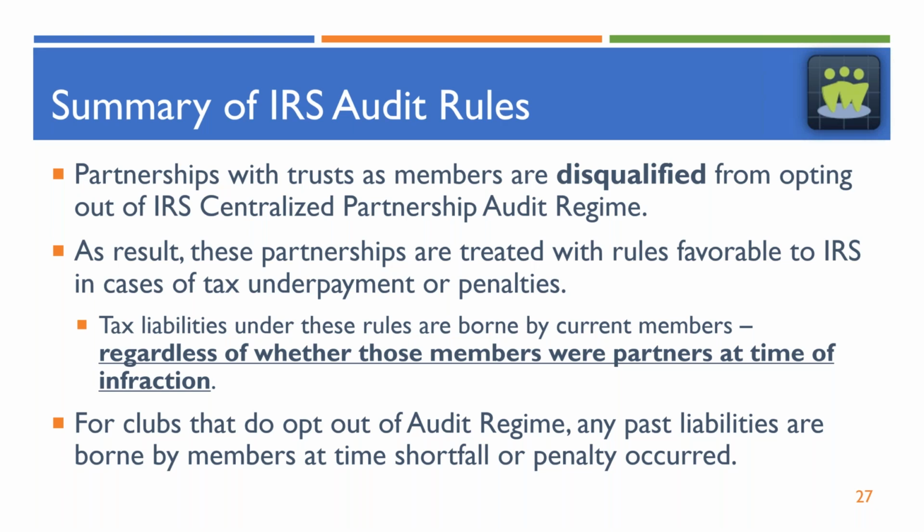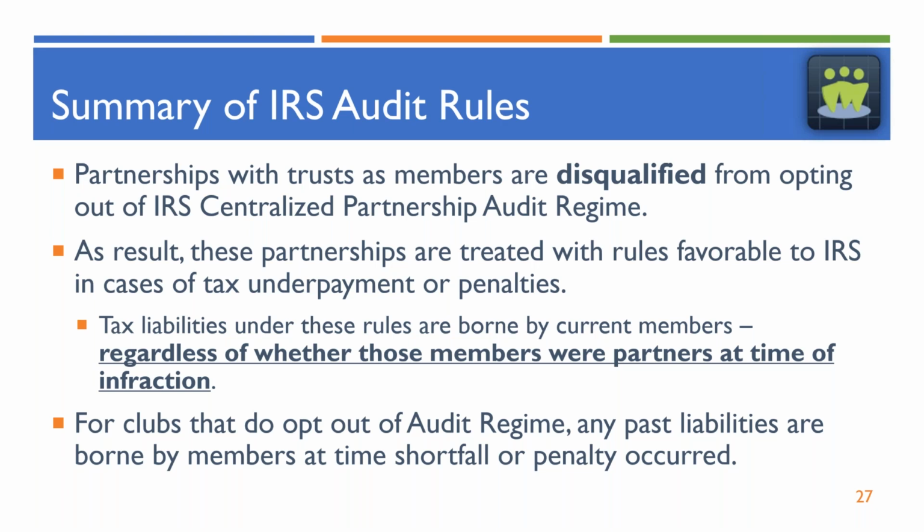All right, since you can't opt out, you have to use the rules of the CPAR. Those rules are much more favorable to the IRS in cases of tax underpayments or penalties. They're paid at the time the audit finds them. You don't go back to the year of the tax return.